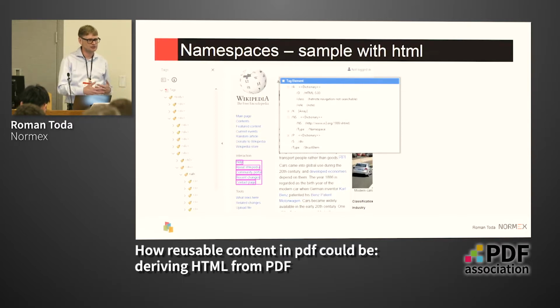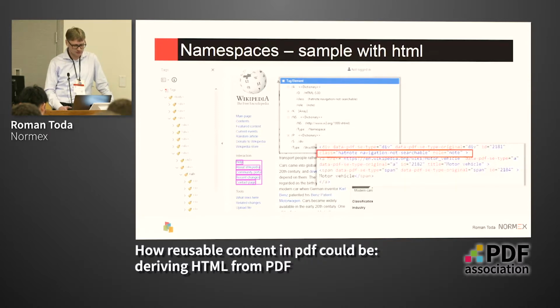We can combine this information together, so we can role map these HTML tags into PDF tags, so the file is properly accessible for ATs, for screen readers, everything. So we're not losing anything. We are enriching PDF with these new cool features, and we are using these features during the derivation.